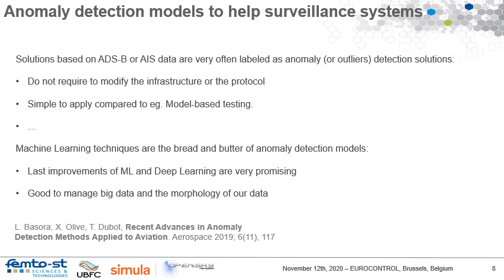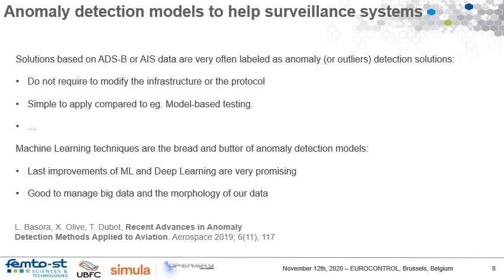So for those anomalies that we've been talking about so far, there are a lot of solutions based on only ADSB or AIS data. And those solutions are very often labeled as anomaly or outlier detection solutions.